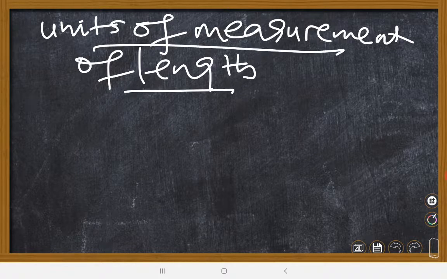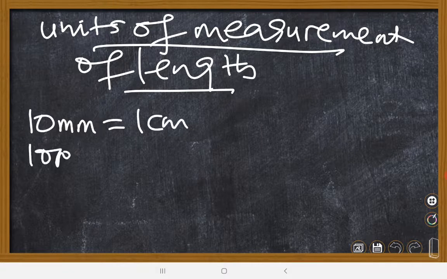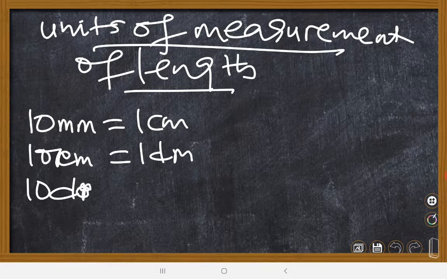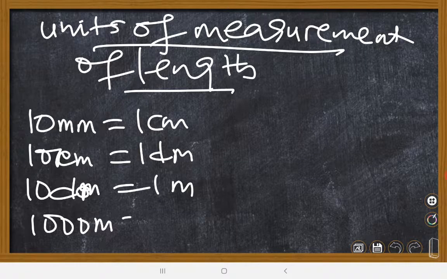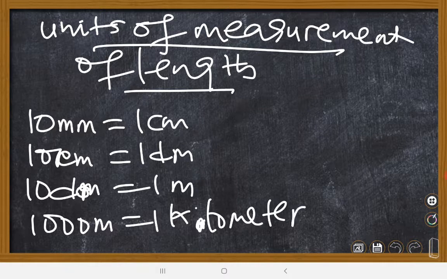So we have 10 millimeter equals 1 centimeter, 10 centimeter equals 1 decimeter, 10 decimeter equals 1 meter, 1000 meter equals 1 kilometer. So it is very important that you remember these measurements. You must remember them.